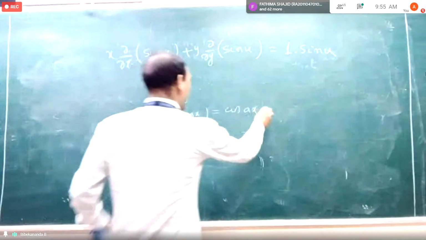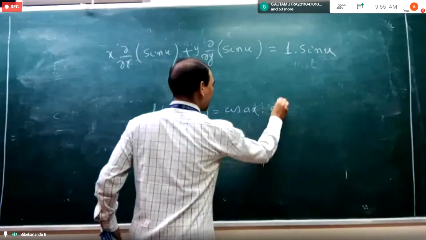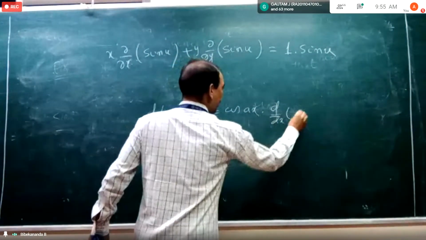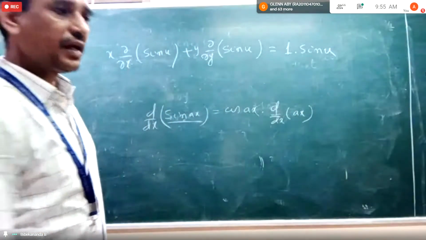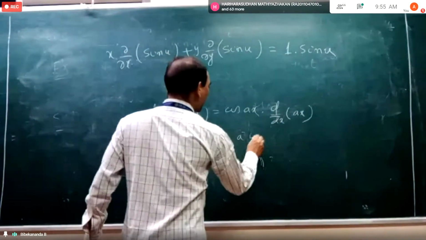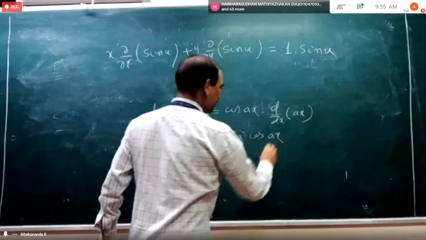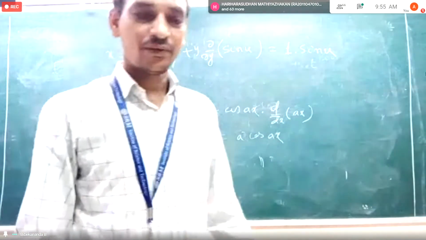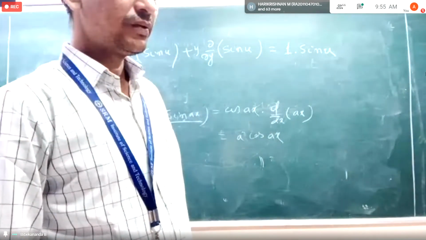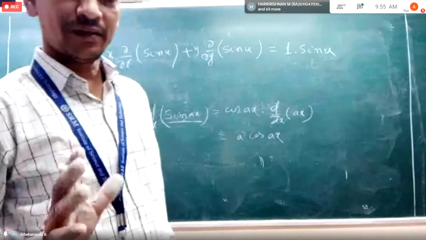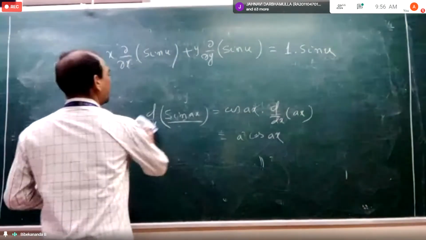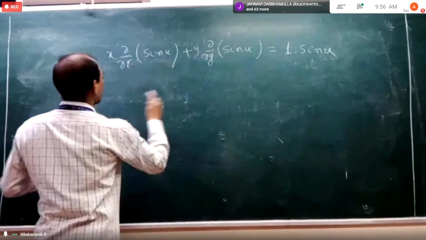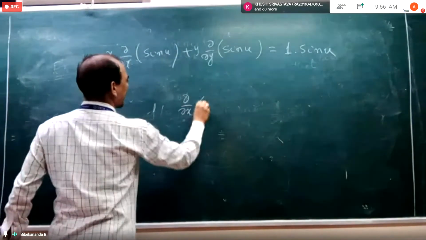Then you are finding the derivative of x, and so you are getting a cos ax. Yes or no? Yes, sir. Are you getting it? In the similar way, dou by dou x of sine u.